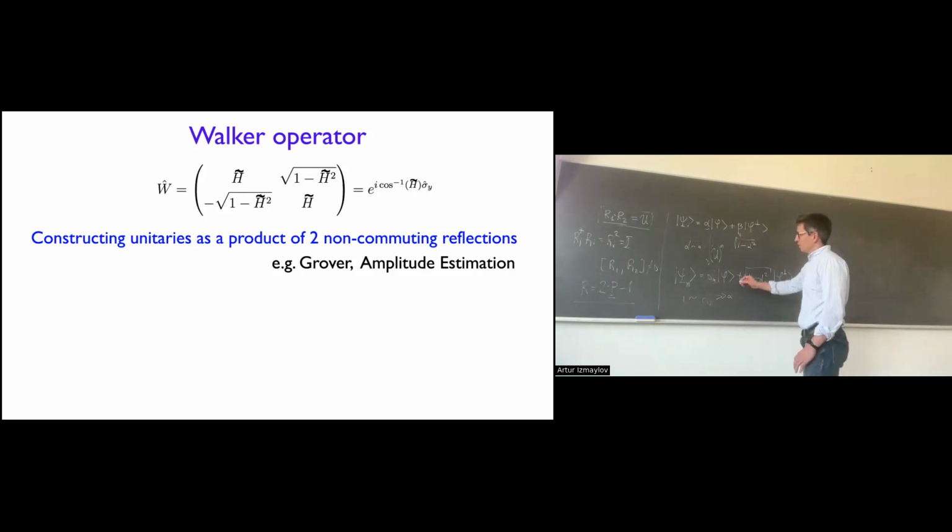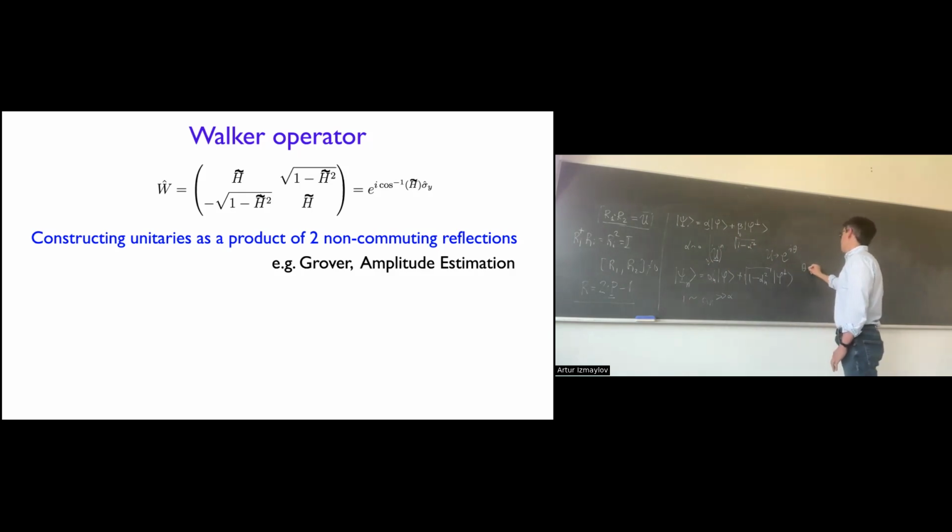It turns out that the unitary that does this also has eigenvalues e to the i theta, and these thetas are related to the alphas in that alpha, the initial alpha, is the sine of theta divided by 2, right?